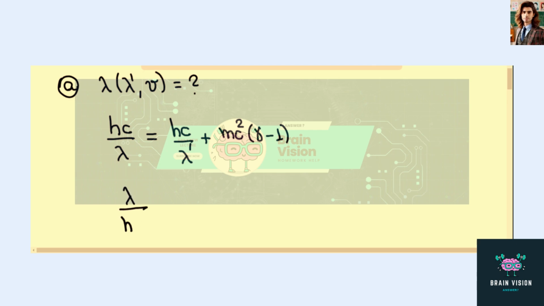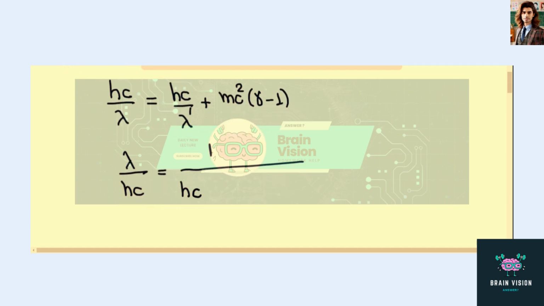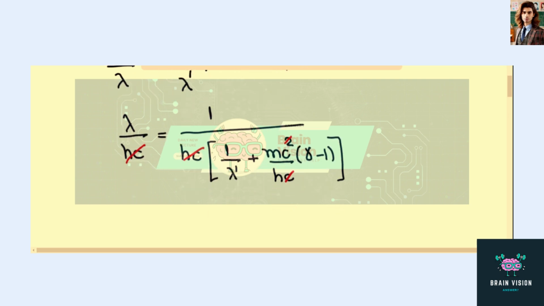I have lambda over hc equal to 1 over hc times 1 over lambda prime plus mc squared over hc times gamma minus 1. The hc's cancel out, the c's here do as well.